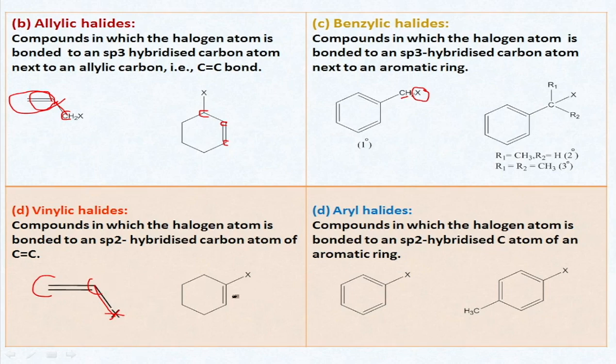Aryl halides are aromatic compounds like benzene directly bonded to a halogen atom.